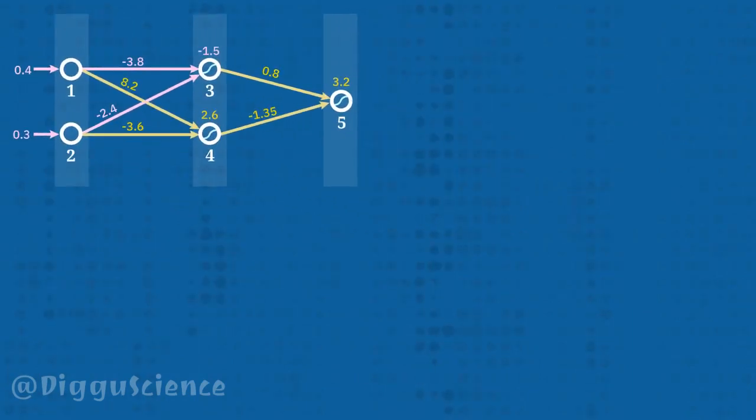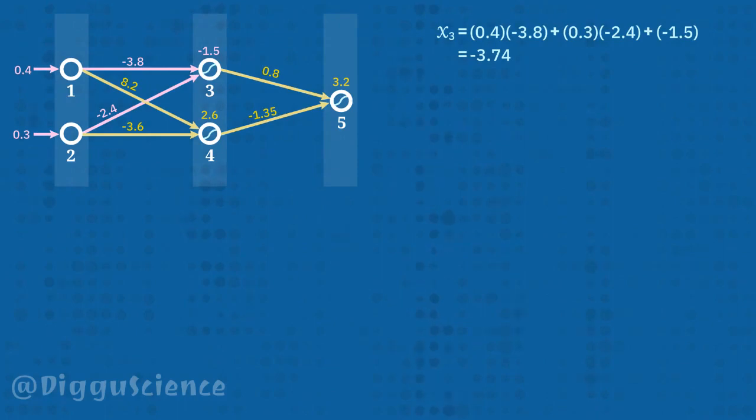The input signal processed by node 3 is x3 is equal to 0.4 times -3.8 plus 0.3 times -2.4 plus -1.5. Using a calculator, x3 is equal to -3.74. This value is then processed by node 3 via the sigmoid function.